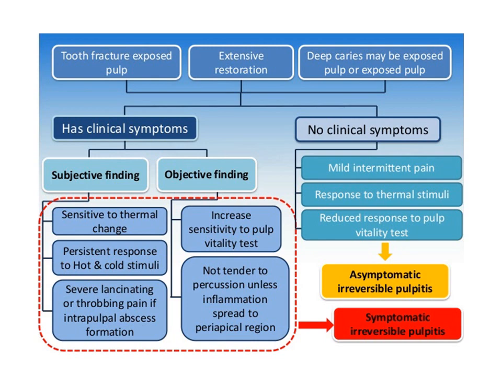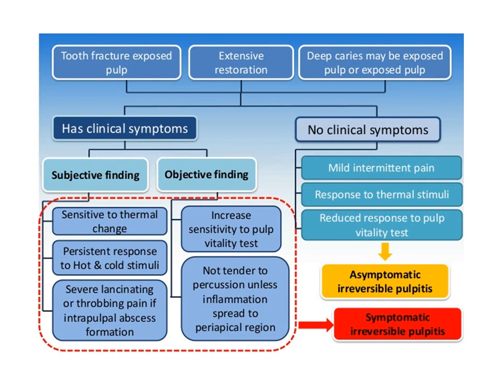But does that pulpitis have clinical symptoms or not? If it has clinical symptoms, depending on subjective or objective findings: the subjective, when the patient tells you that he is sensitive to thermal change during eating and the persistence of the response to hot and cold, severe lancinating or throbbing pain if an intrapulpal abscess is there.